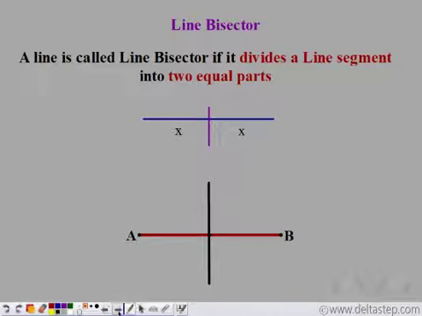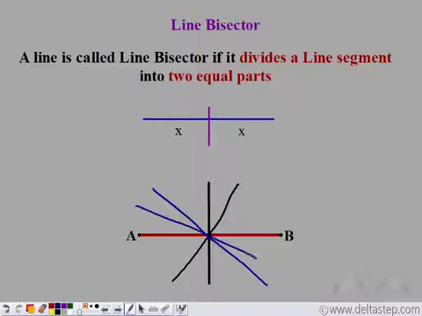Now an important thing to note here is, I can draw a line passing through the midpoint in this manner. Even this line bisects AB because it passes through the midpoint of AB. I can draw another line passing through the midpoint of AB. So I can draw many lines passing through the midpoint of AB.